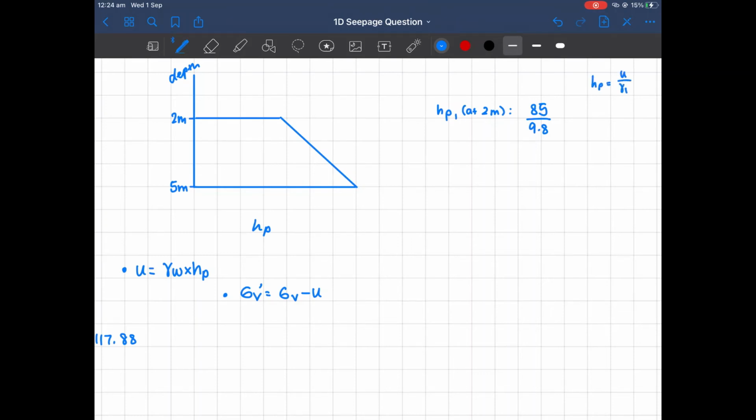So that gives us 8.67. So we can plot this here as 8.67. And the pressure head at 5 meters below the lake bed is 94 over 9.8. And that gives us 9.59.